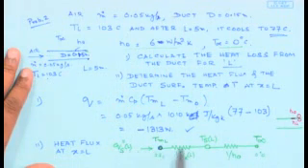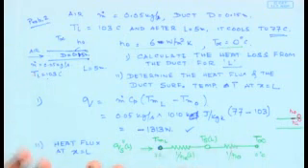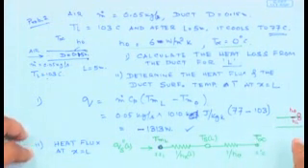So I have a flow of current through these two resistances which are in series. That's all there is to the problem.